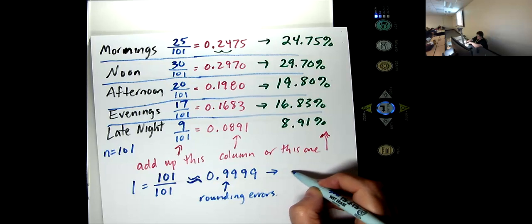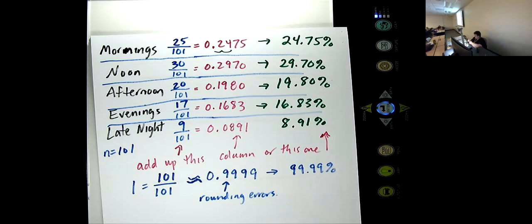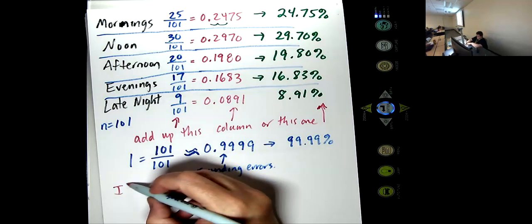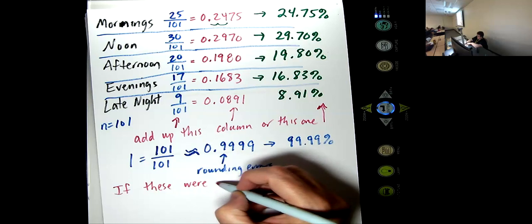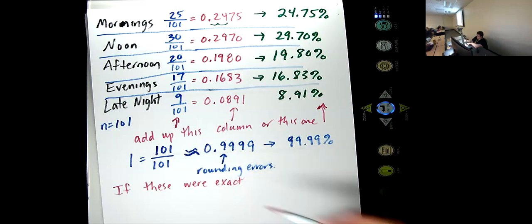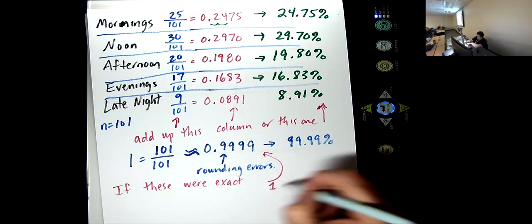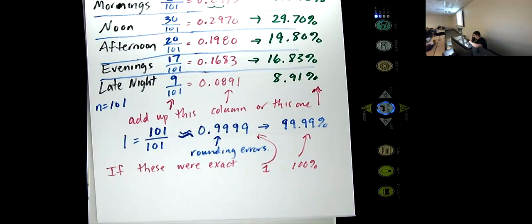And these are going to add up to 99.9%, 99%. If it was exact, that would be a 1, and that would be 100%. Because 100% makes sense.